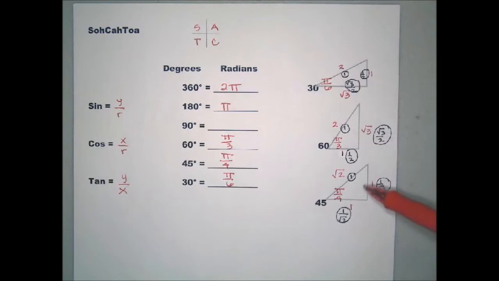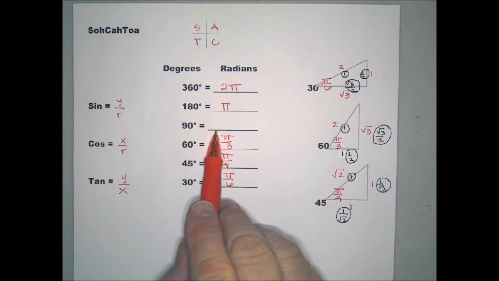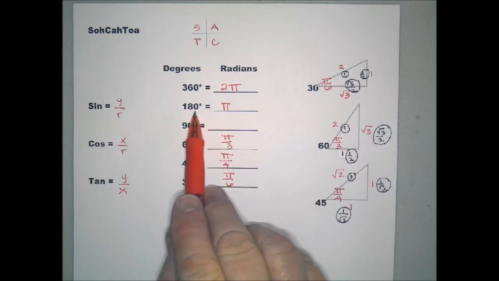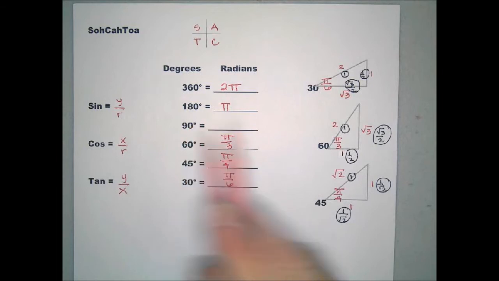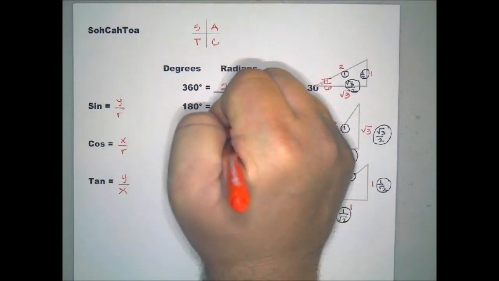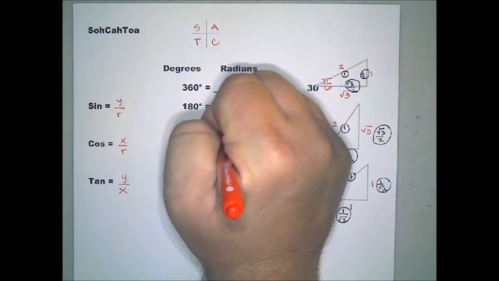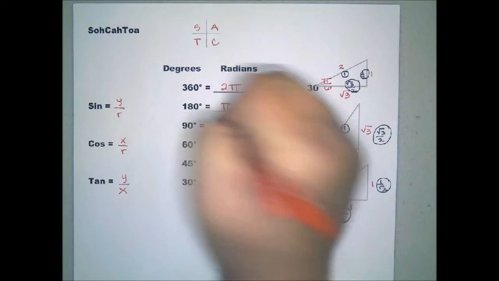But the fact that we're putting them here again just tells you how important they are. Now that takes us to the 90 degree. If 180 degrees is pi, then half of 180 is 90, so 90 degrees would be pi over 2.